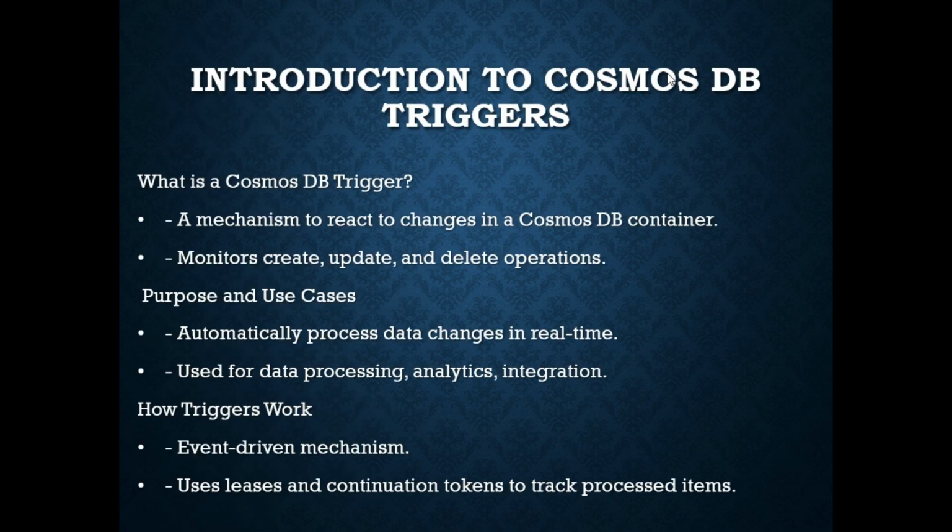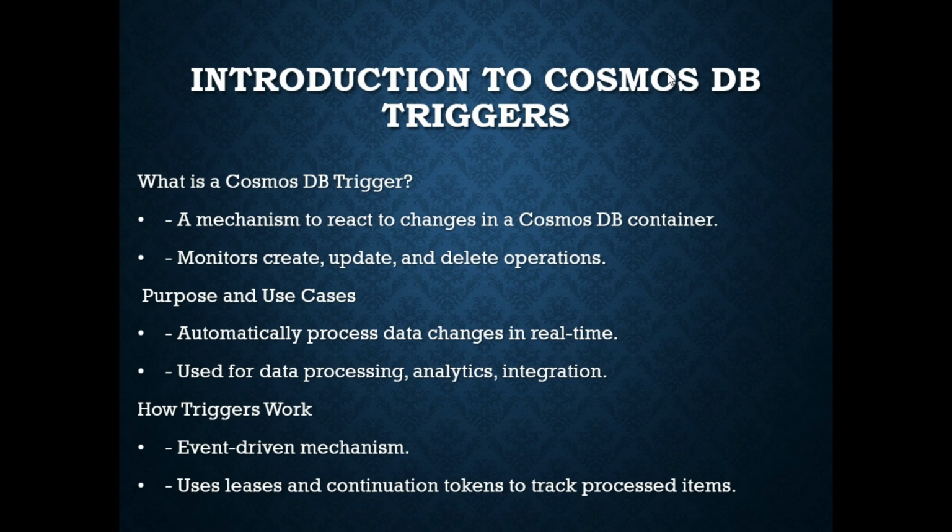Okay, so what is Cosmos DB trigger? A mechanism to react to changes in a Cosmos DB container. So let's say there is a Cosmos database, and whenever there is an insert, update, delete, or any operation happening, you want to process a certain set of tasks, right?